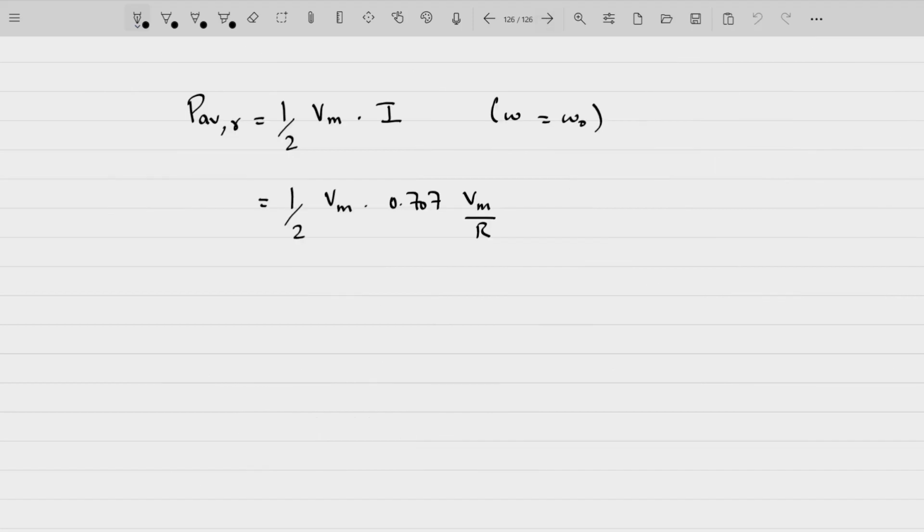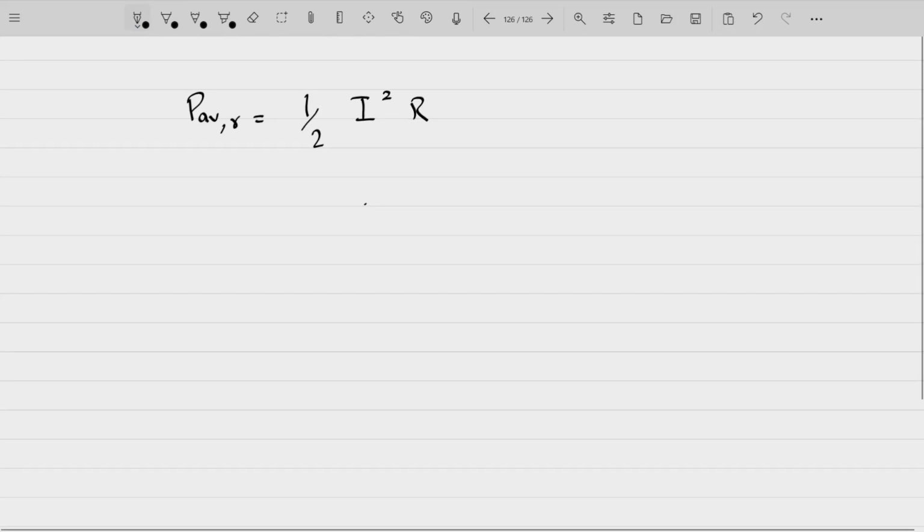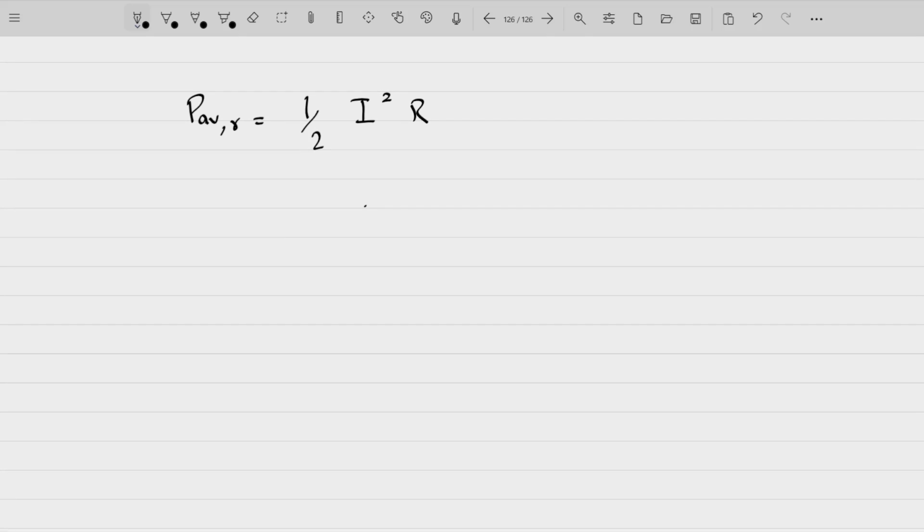You can even take this formula, one half of I square R, because average power at the resonant frequency point is also equal to one half of I square R. So this is only valid for omega equal to omega naught.